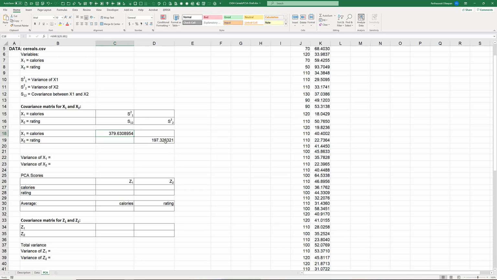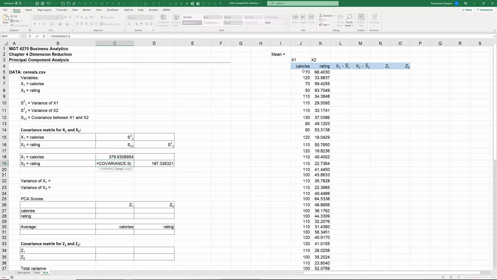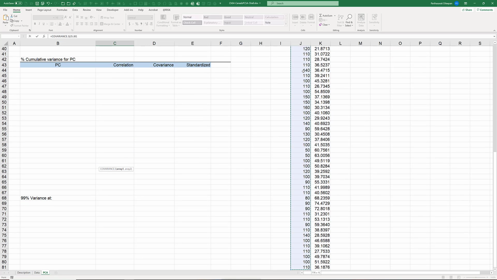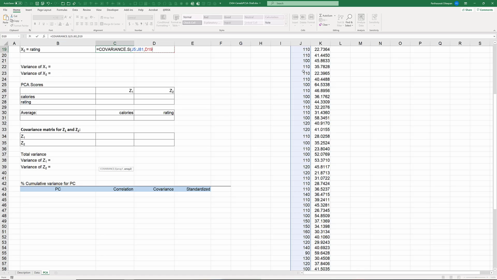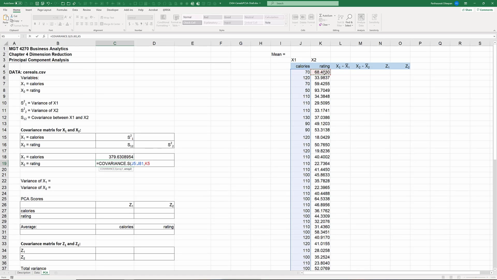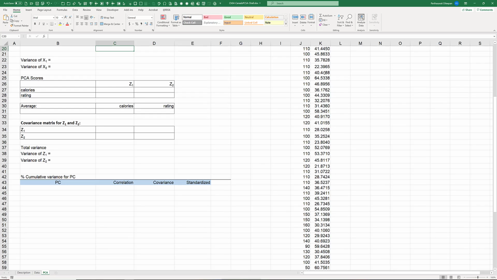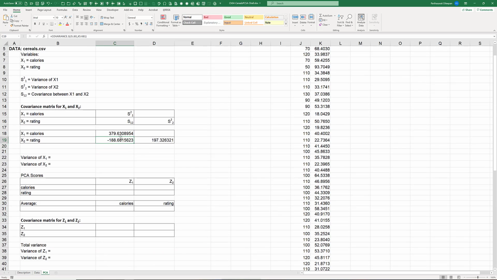that gives you the variance of rating. Now you can do COVARIANCE.S of the first array, calories, and then the second array, rating. That gives you the covariance. The covariance of x sub 1 with x sub 2 is the same as x sub 2 with x sub 1, so the off-diagonal will be the same.